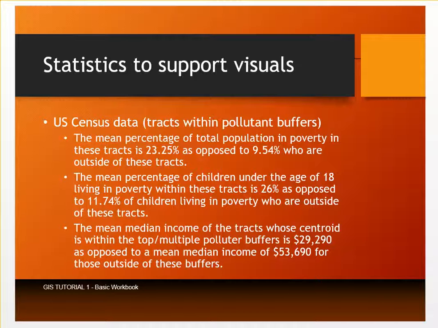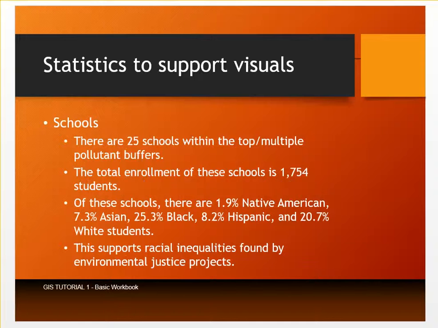Mean income is less than half, or around half, of what is in the tracts outside of those buffers. We found some others here: 25 schools, and total enrollment you can get data for. You can get racial breakdown, all from that question we were asked, using the spatial capabilities in the GIS software.